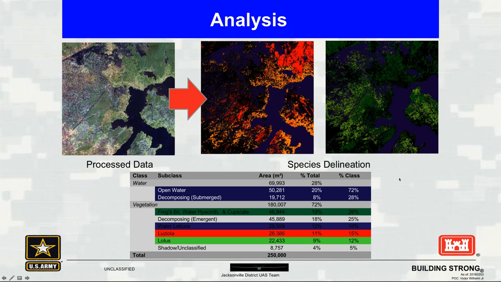The image was taken about 6 or 7 weeks after a floating plant treatment, a herbicide treatment for water hyacinth and water lettuce. So we can also use that to monitor herbicide applications, which we'll discuss later.